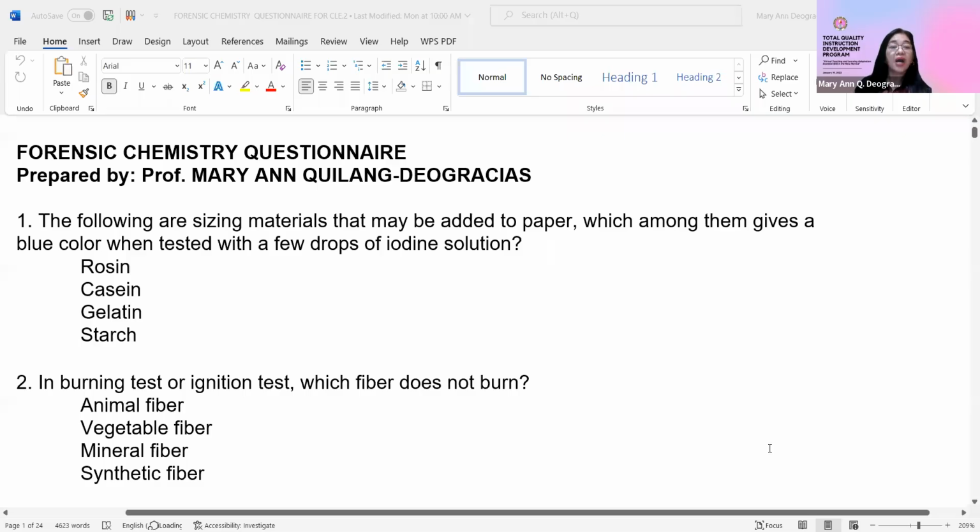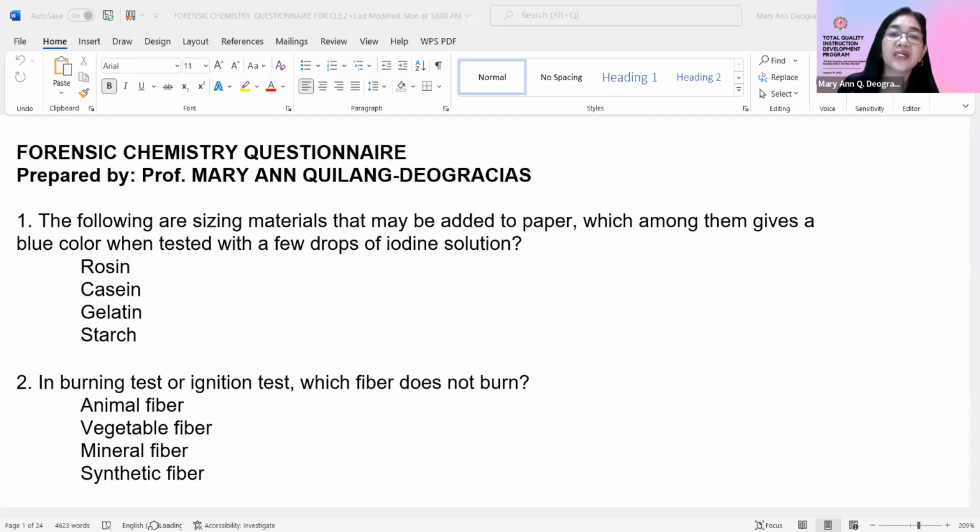Then number two: in burning tests or ignition tests, which fiber does not burn? Which of the four does not burn? Burning test is one way to identify the general group of the fibers. Any answer? Let me check your chat box. Okay, it's a mineral fiber.